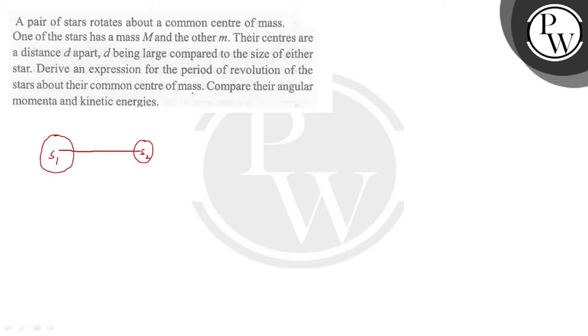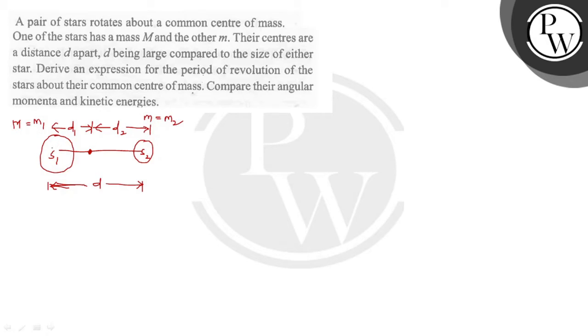The distance between them is d, so d apart. From here there is a d1, and from here to here it is d2. As we know, m is equal to m1 and m is equal to m2.